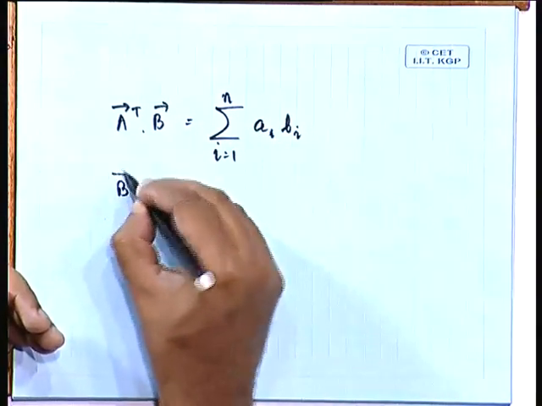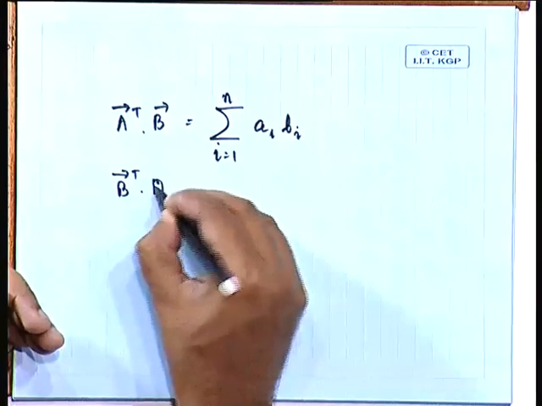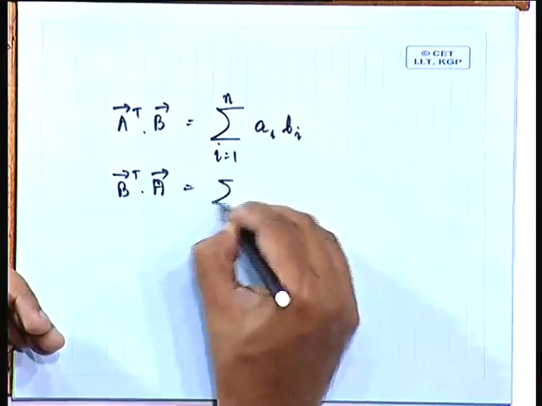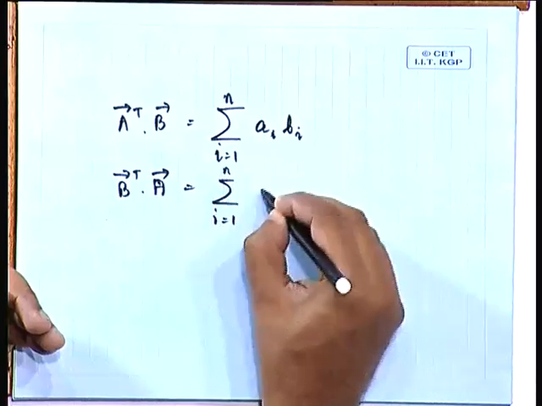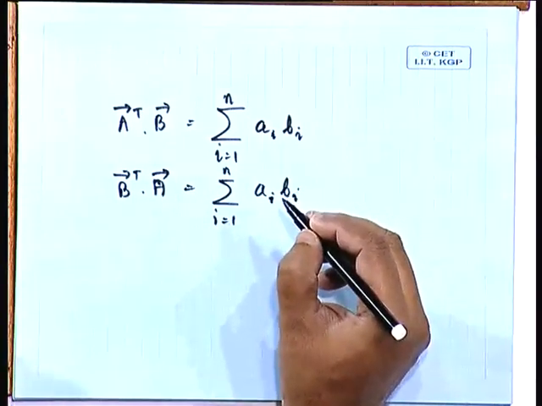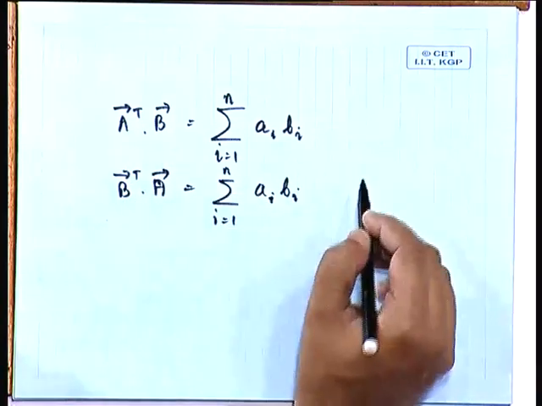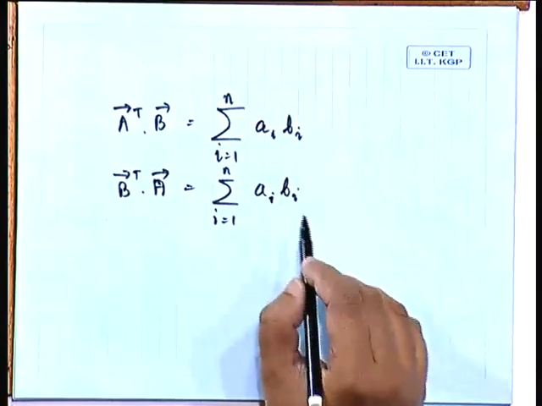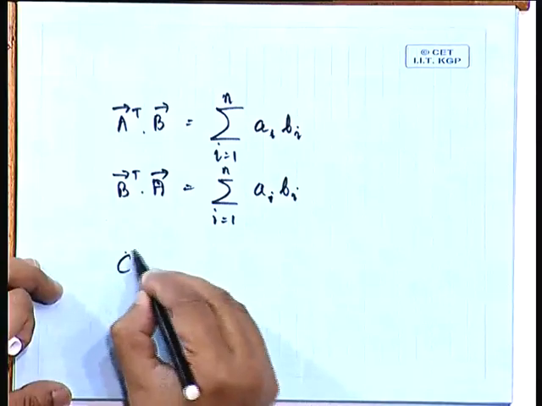And similarly, B transpose A by definition is also summation i is equal to 1 to n b_i a_i, which is the same in this case. So, both these things are equal.